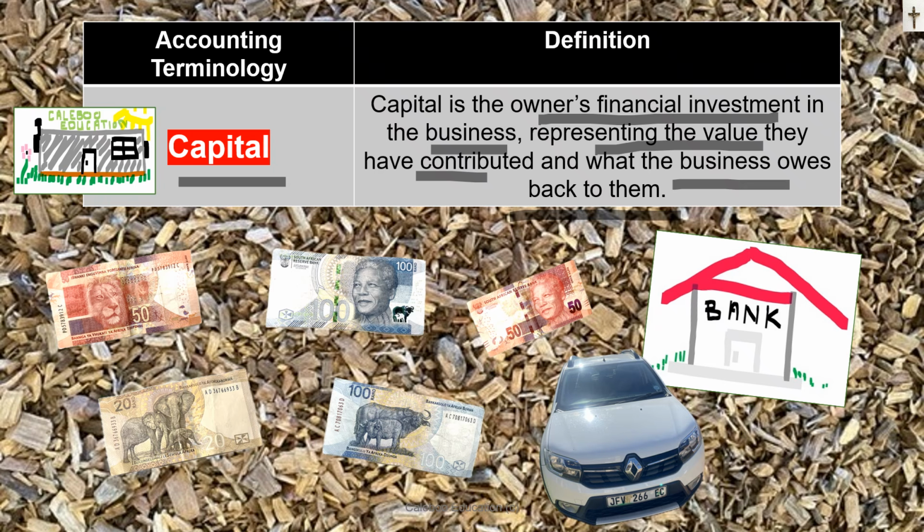It's the owner's interest. But the owner's interest, you will see, will be calculated by saying the value of assets minus the value of liabilities, but more about that later.